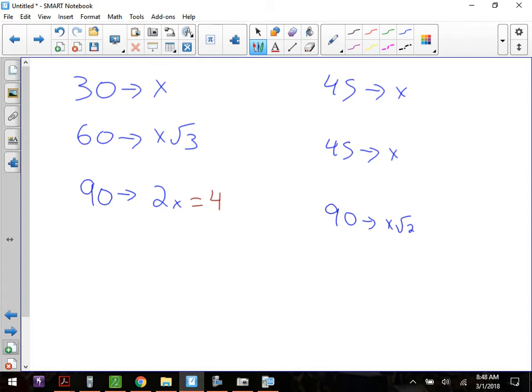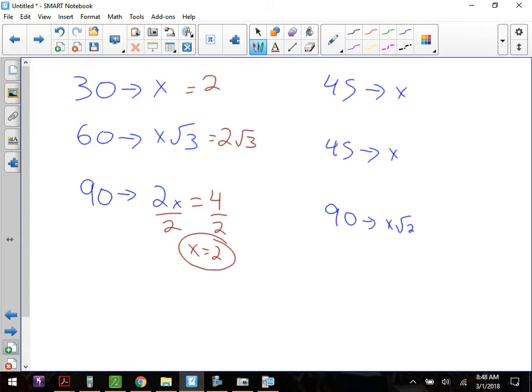What's the something? 2. So you'd have to divide that by 2. So it means everywhere I see an x, what am I going to replace it with? 2. And I go on my merry way. That's all you have to do. Okay? We try to set it up in those ways so that way you don't have to overwork, overthink.